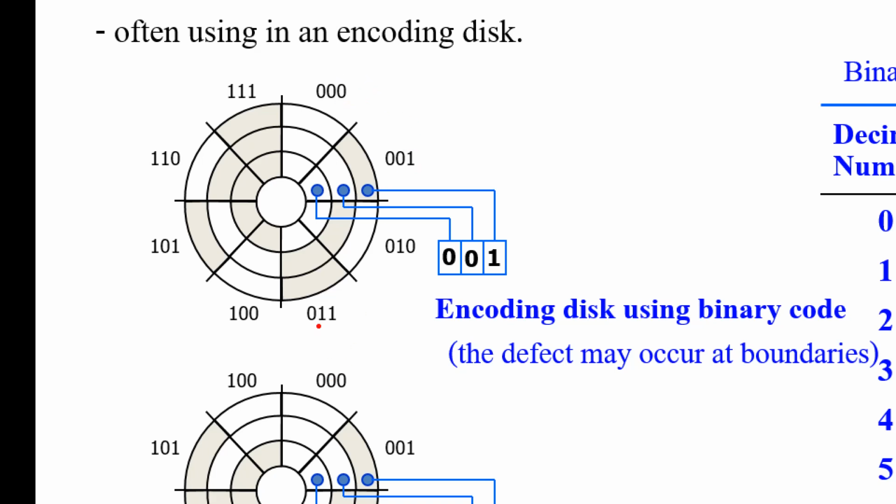But this one and this one, for example, when it changes from 0, 0, 1 to 0, 1, 0, it is a 2-bit change, right?